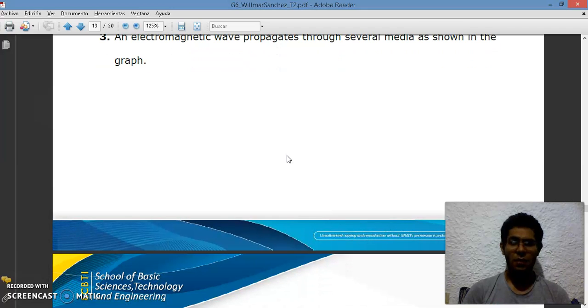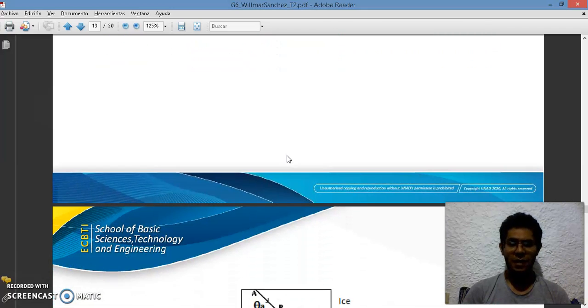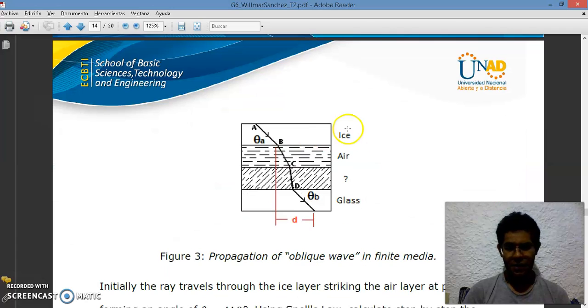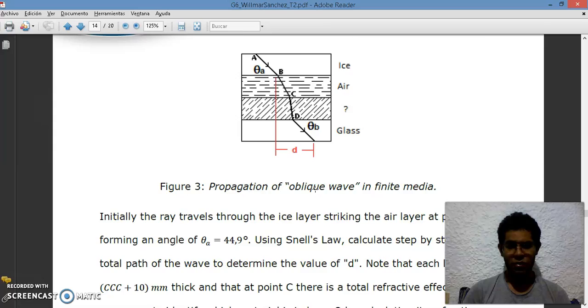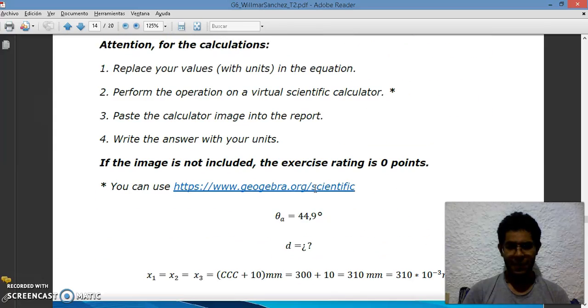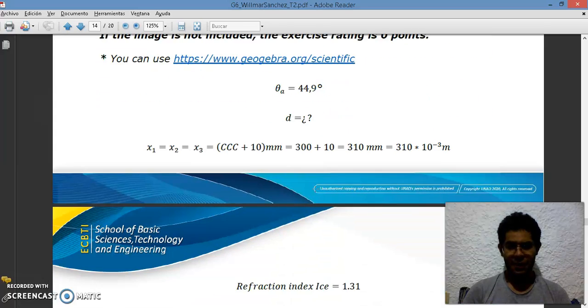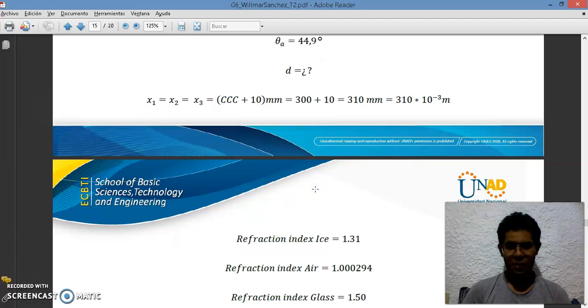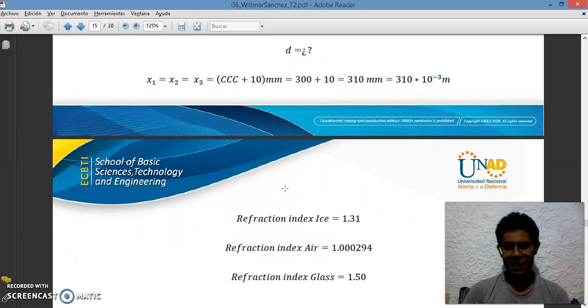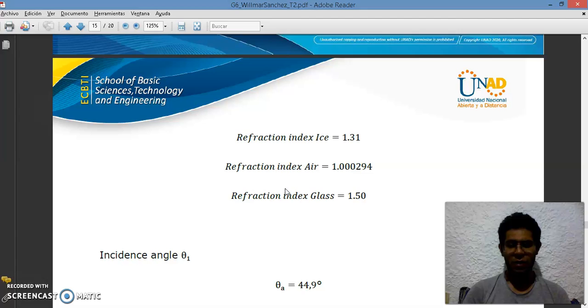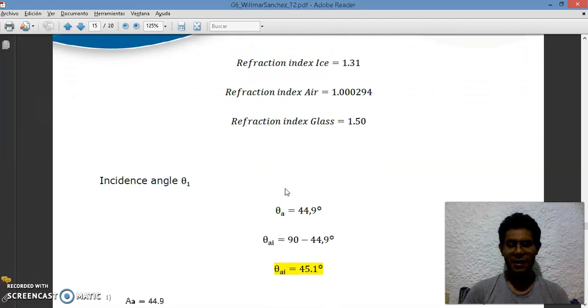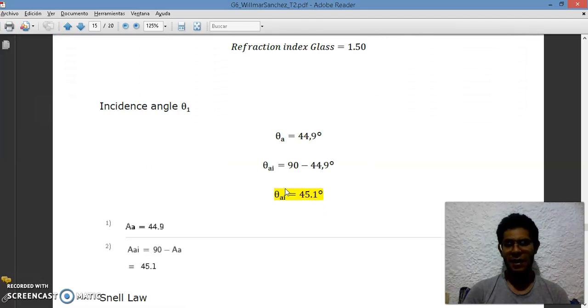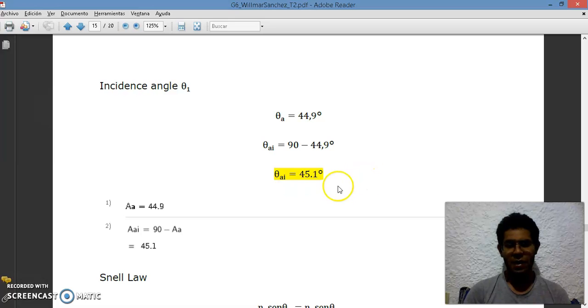Three. An electromagnetic wave propagates through several media. This is the graphic, and use the refraction index and the angles to calculate the distance. That is the question. Okay, the first is we have an angle of 44.9.